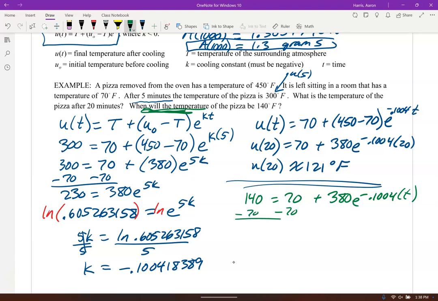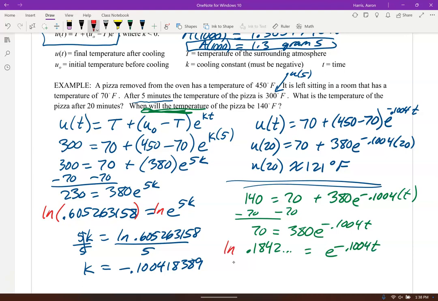Let's solve for t. Divide by 380 both sides. 0.1842 equals e to the negative 0.1004 t.